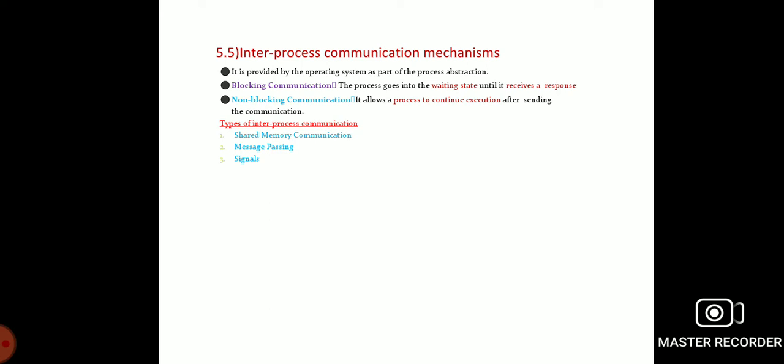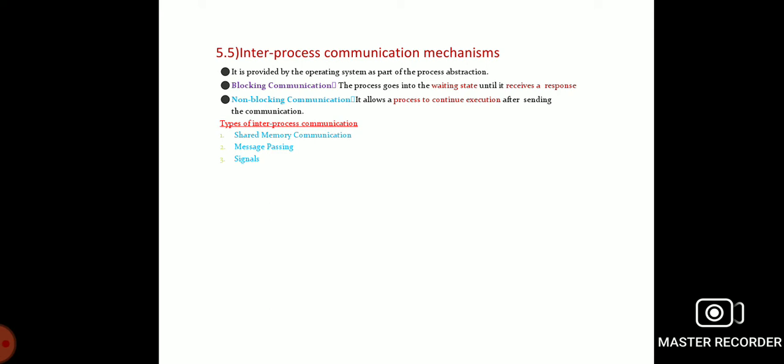The response may be data to receive from the other input and output modules of the devices or systems or different operating methodology. The second, non-blocking communication, allows a process to continue execution after sending the communication.